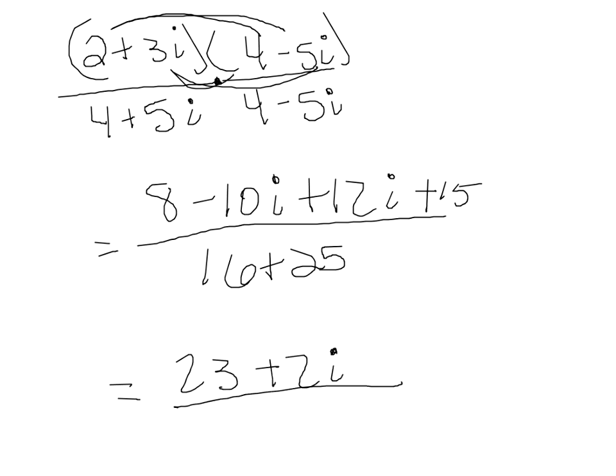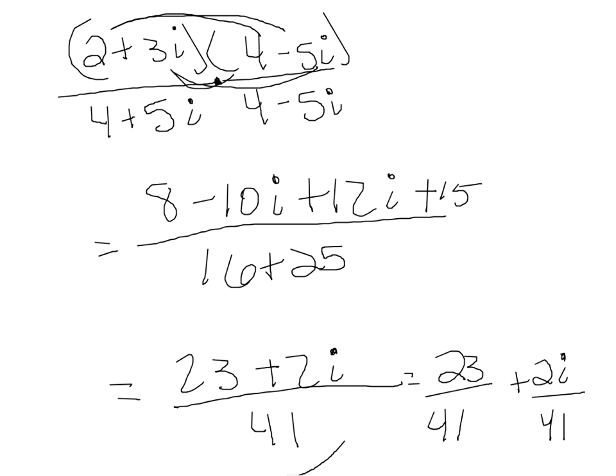And then plus 2i over 16 plus 25, 41. And then I'm going to enter it into the computer: 23 over 41 plus 2i over 41.